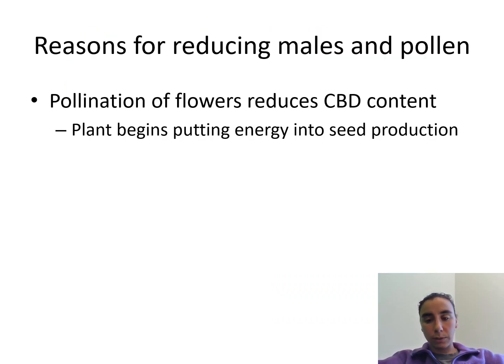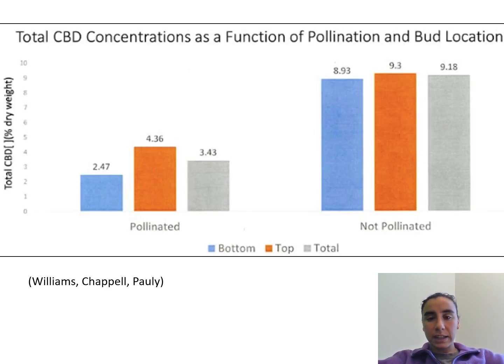So why do we want to reduce the males and thus the pollen? The main reason is that pollination of female flowers reduces CBD content. I have a graph here to show this. On the left-hand side, on the y-axis, we have total CBD content. The three different bars, blue, orange, and gray, are just showing where the flowers are in relation to the stalk, so that's not so important.